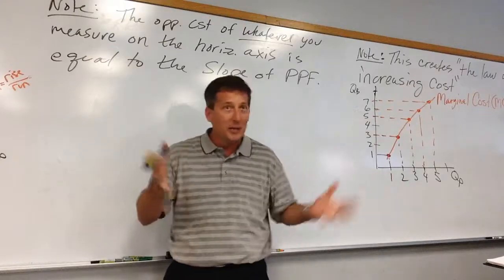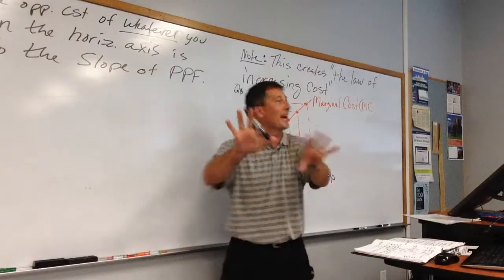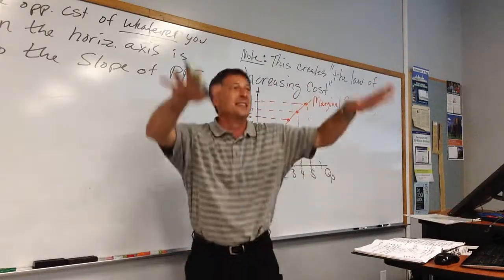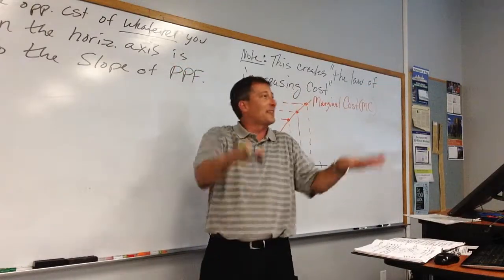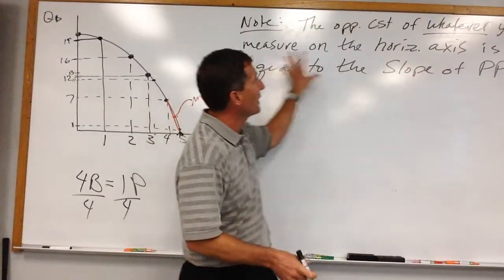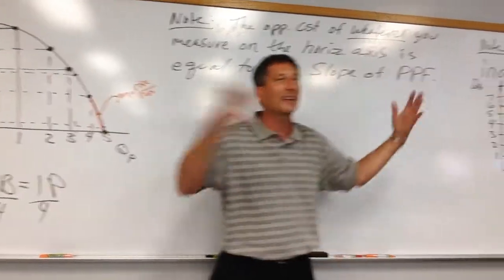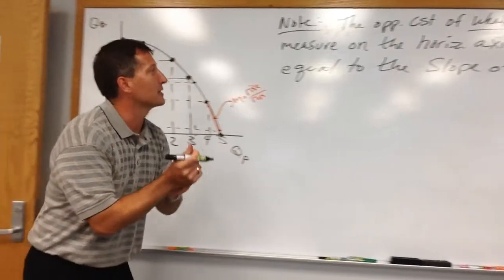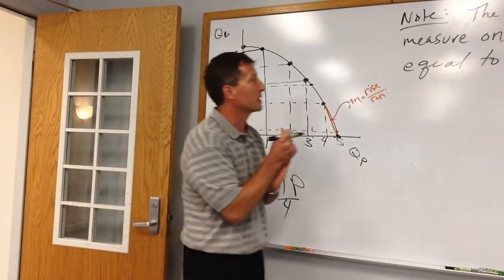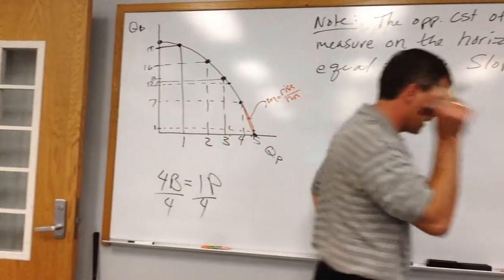This is econ class, like real life, and we're going to have practical applications. So I'm going to ignore that little math thing, but I have to settle the math people in their seats so that they don't get too worked up about it. Technically, the most technical way to say this would be it's equal to the opposite of the slope. But I found that confuses most of the non-math people, so I've just gone with equal to the slope. All right, so that's helpful as we move on.